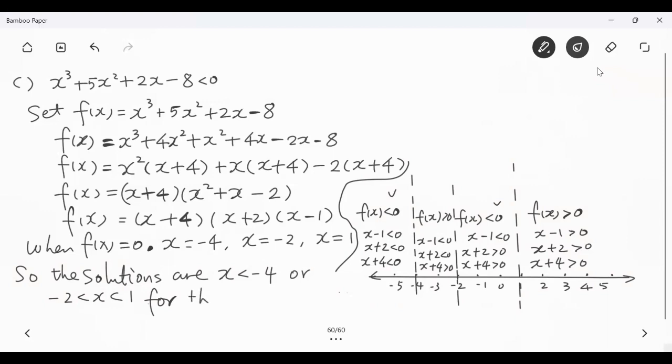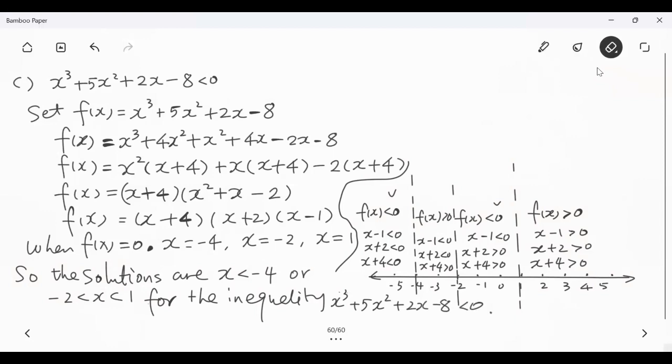So it's the solution for the inequality x cubed plus 5x squared plus 2x minus 8 less than 0. This is the answer for C.